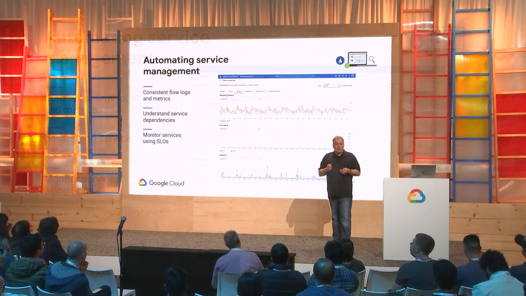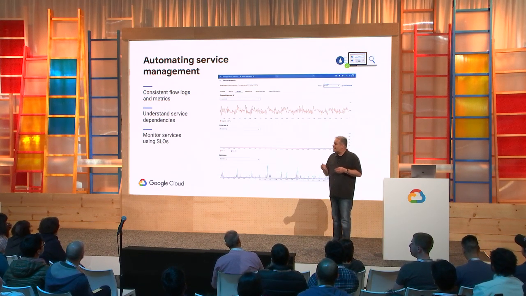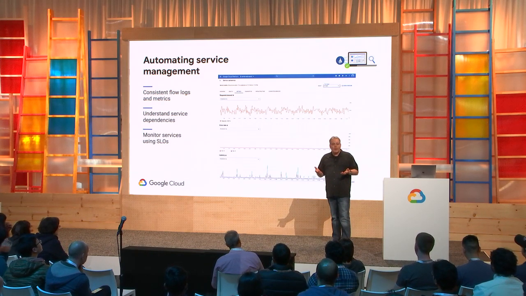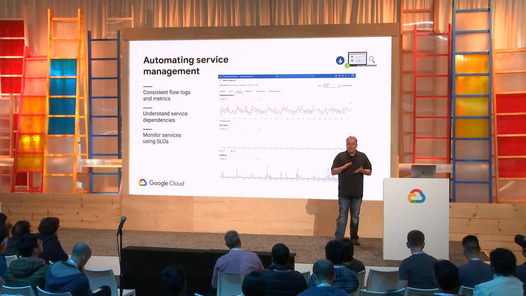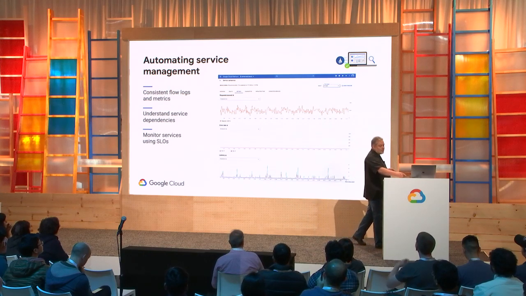The advantage of doing that is in a language agnostic way, I now get a very consistent set of metrics and flow logs through my entire environment. I can use them as golden signals. I can use them to get an understanding of the service dependencies that I have within my environment.